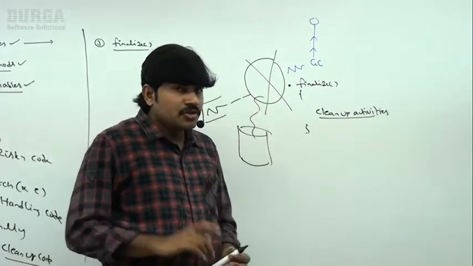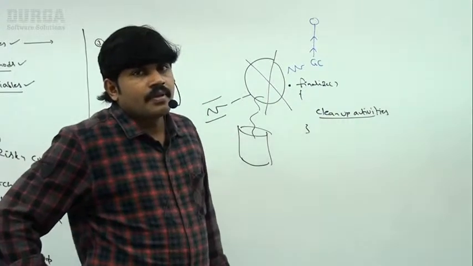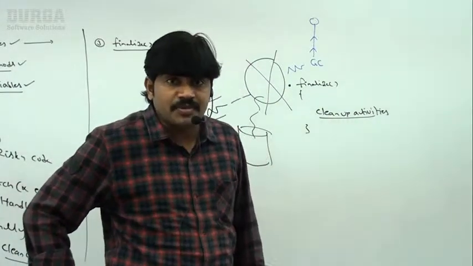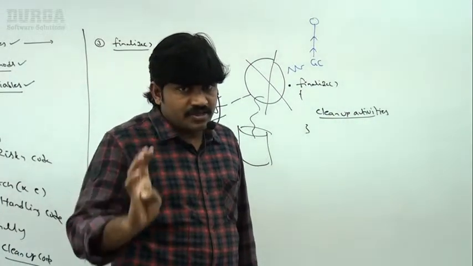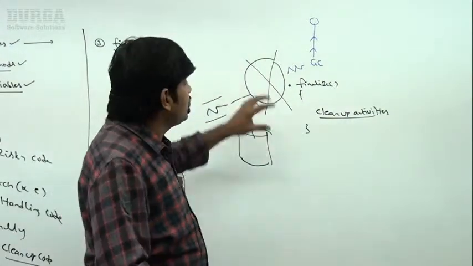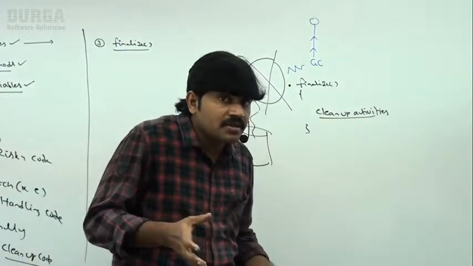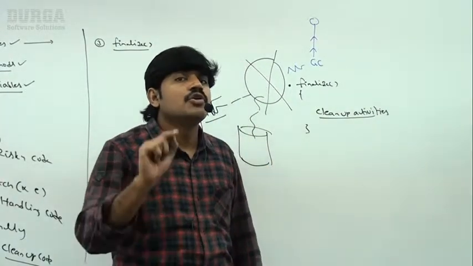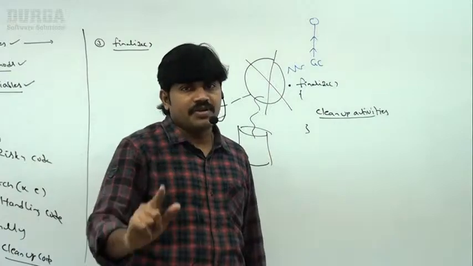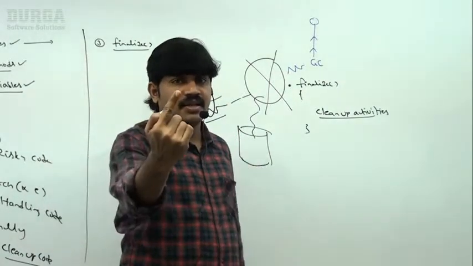Remember this one, sir. Who is calling the finalize method? Respond. The garbage collector is calling the finalize method, just before destroying an object. For which purpose does the garbage collector call the finalize method? To perform cleanup activities. So let me combine all these things in a single line.